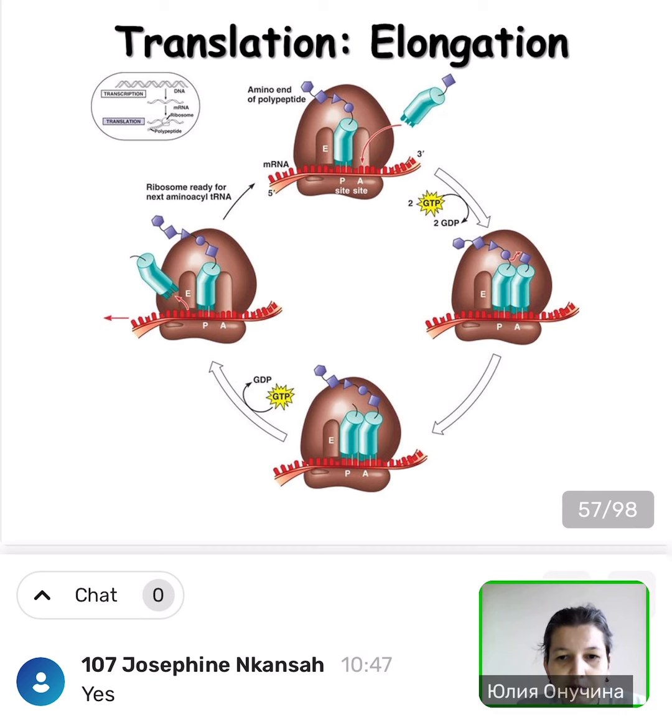After that, next tRNA connected with A center. After that, in the right side, you see formation of protein peptide binding.